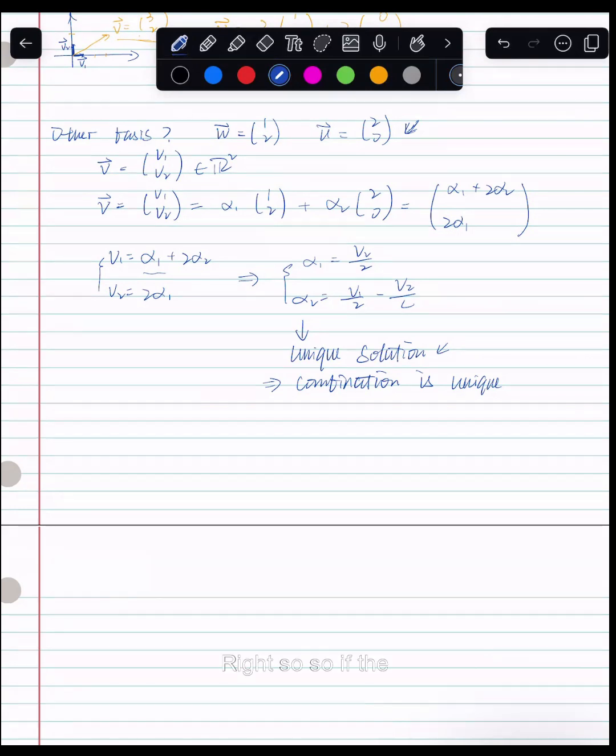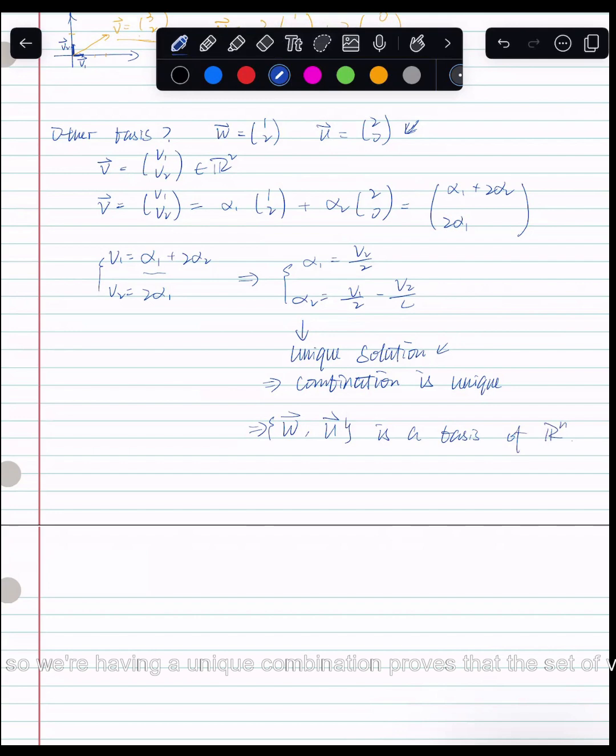Yes. So if the combination is unique, then we say actually this set of W and U is a basis of Rn.